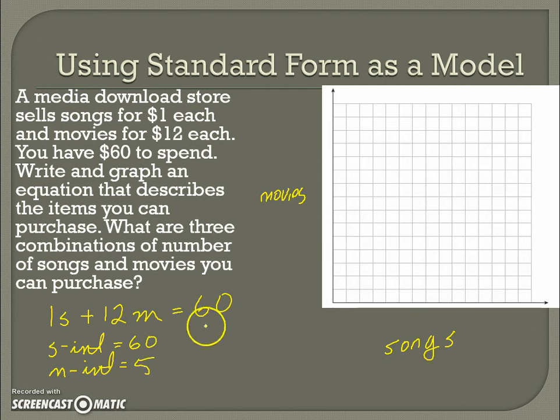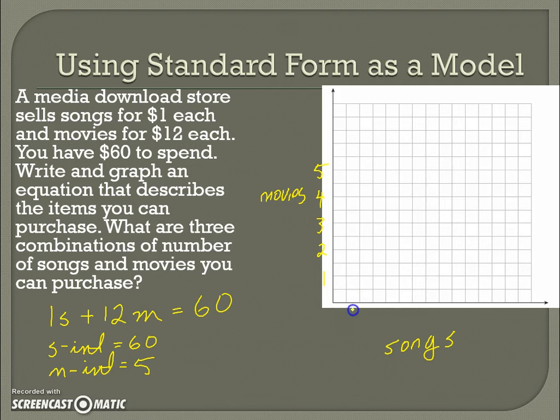All right, so number of movies, because this is only increasing by 5, we'll go ahead and just number it like this. I have 1, 2, 3, 4, and 5. Okay, so there are our movies represented. For songs, it's a little different because we're going up to 60. So I have a pretty decent amount of spots here. Let's see if I'll have enough. If I go 10, 20, 30, 40, 50.